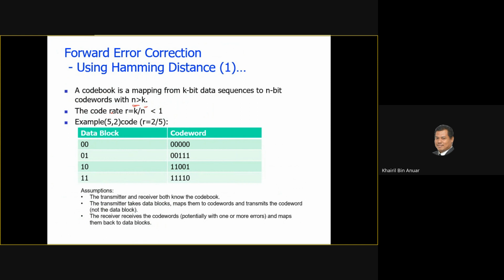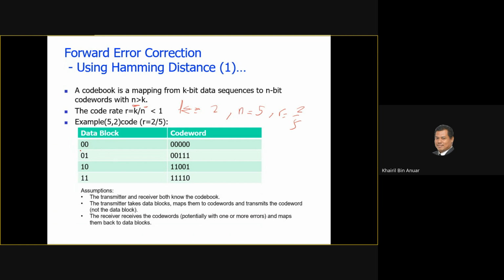The code rate r is equal to k divided by n, and it should be smaller than 1. In this example, your k is equal to 2 and your n is equal to 5, so your r is equal to 2 over 5, which is less than 1, so this is okay.